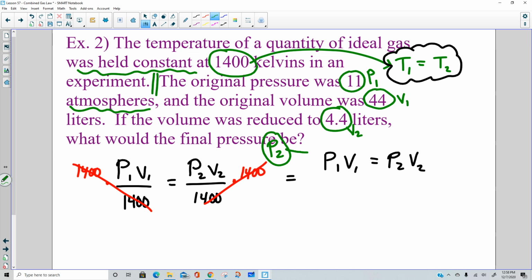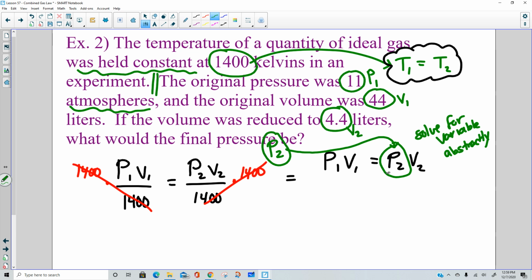Now, find P2 in the formula, and I'm going to encourage you all to solve this abstractly for the variable first. So let's put some of this abstract solving to practice that you guys have been doing so beautifully in previous lessons, right? If I want to get the P2 by itself, what would I do?